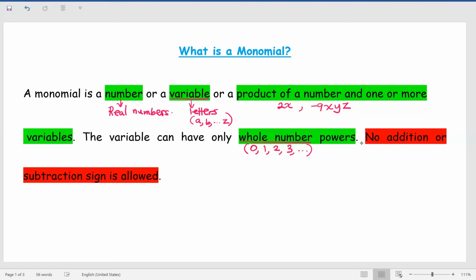So if you have a negative power, it means that that is not a monomial. Okay? So the other important thing also is that no addition or subtraction sign is allowed. So when you have got an addition sign or subtraction, then that one will not qualify to be a monomial. I hope now you understand very well what we call a monomial.